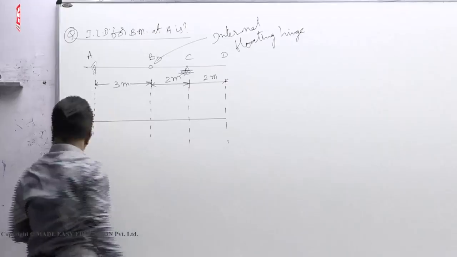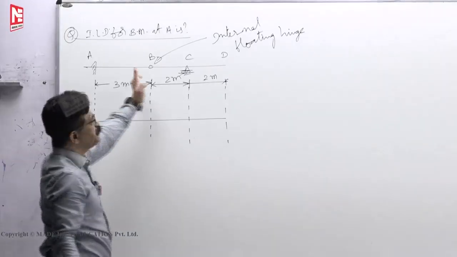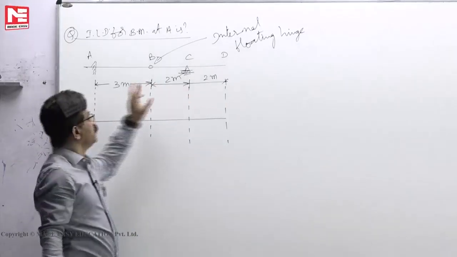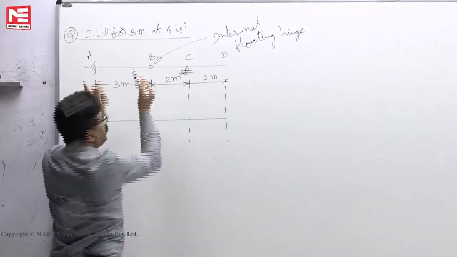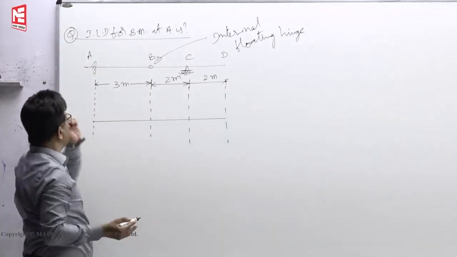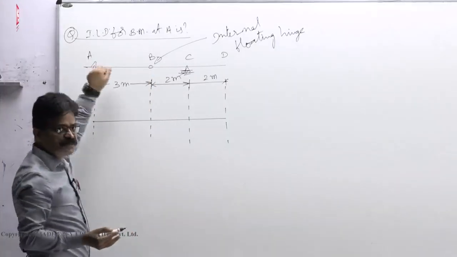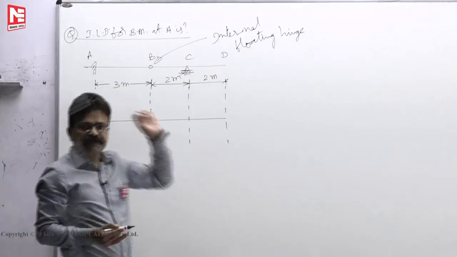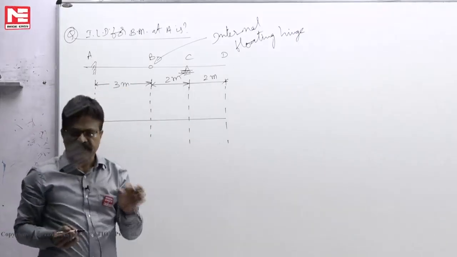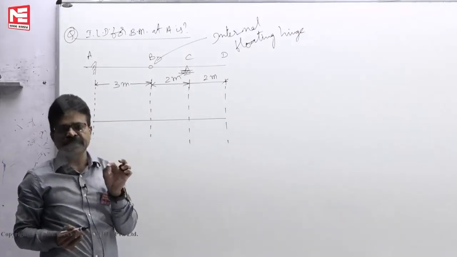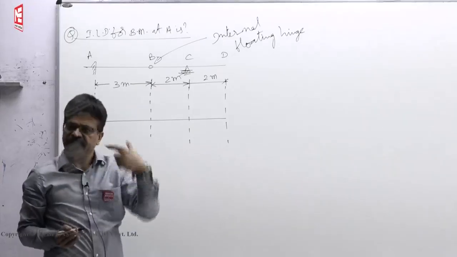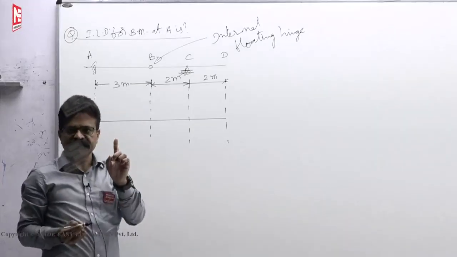Okay, ILD for bending moment at A means first you assume that BCD portion is not there. We know how to manage the cantilever beam AB. Okay, because it's a fixed support, at the support only we want. Whenever you want to find bending moment at this ILD for bending moment at the support only, we should not lift it or we cannot lift it because reaction will be there.